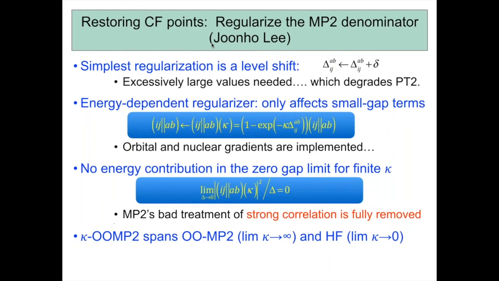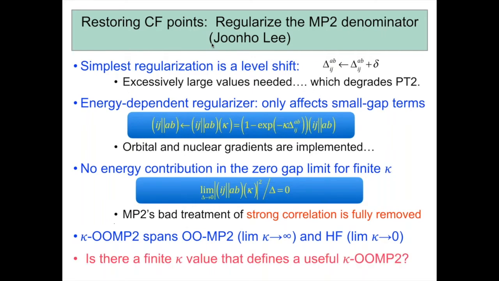We have introduced a parameter, kappa. And kappa-OOMP2 is to remind you that there is a parameter there that spans regular OOMP2 in the limit when kappa goes to infinity and normal Hartree-Fock theory when kappa goes to 0.